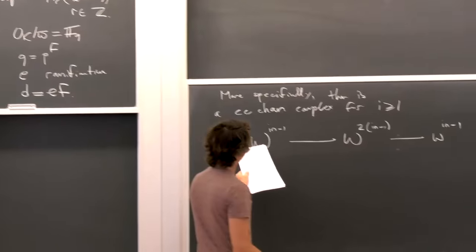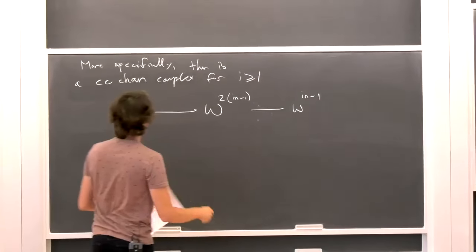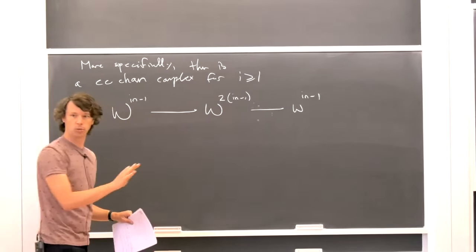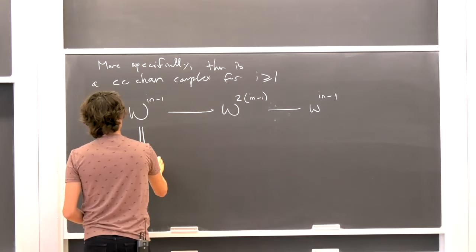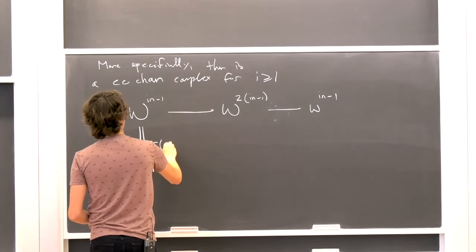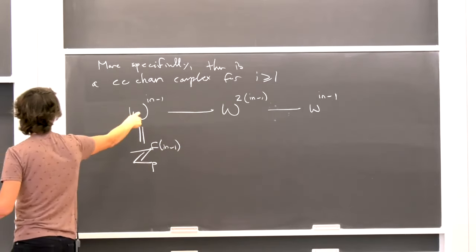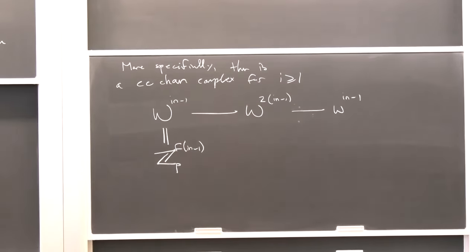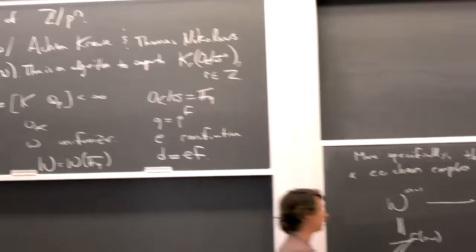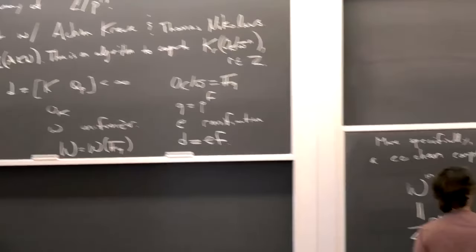So there's a specific cochain complex. Now these maps are not W-linear, so I'm going to rewrite this as Z_p to the f times (i n minus 1), because this is a free module of rank f over W, where f is the power of p appearing in the size of the residue field.